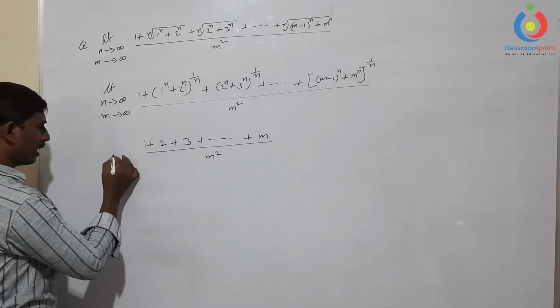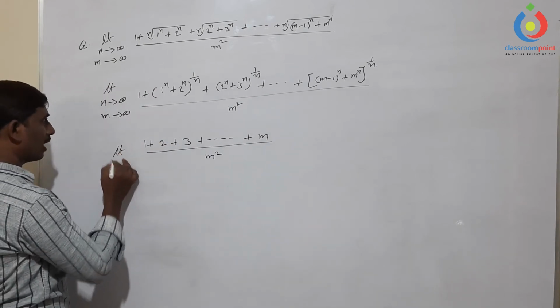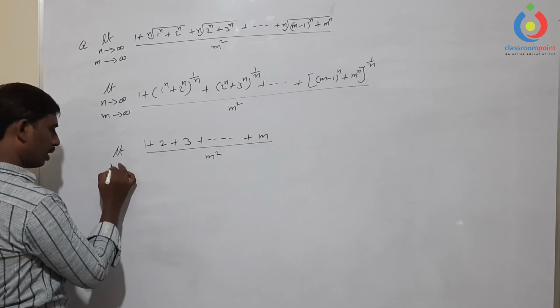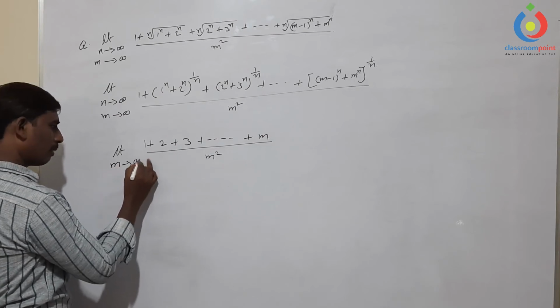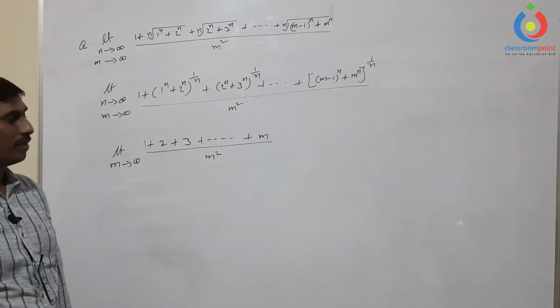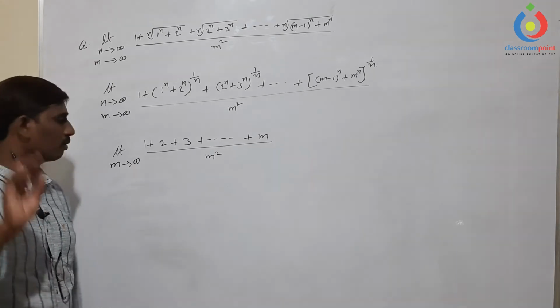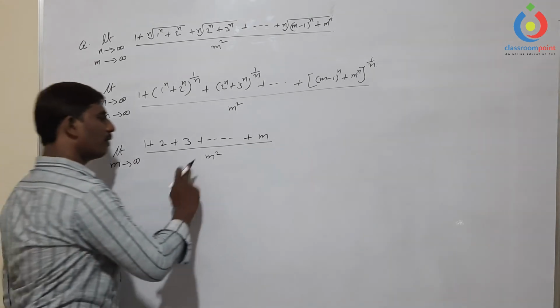Here we have applied n tends to infinity. What remains is m tends to infinity only. Then what to do here?